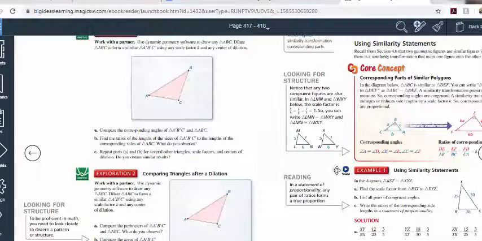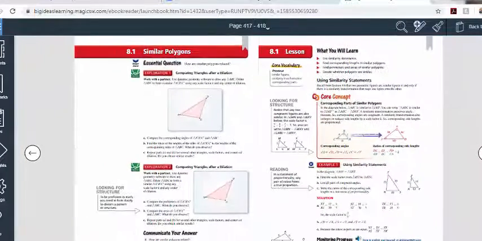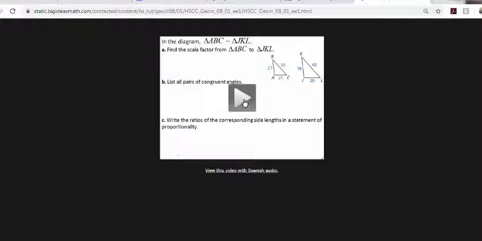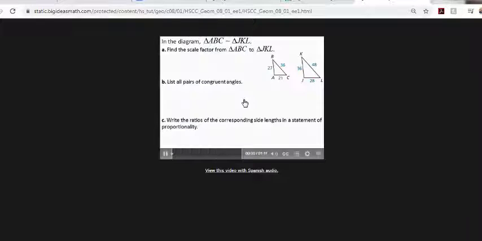Now, I'm zoomed in, so I can't click on the actual play button. But if I zoom all the way out, it becomes a link that I can click on. And you'll notice that it's the exact same problem. And somebody will walk you right through this.